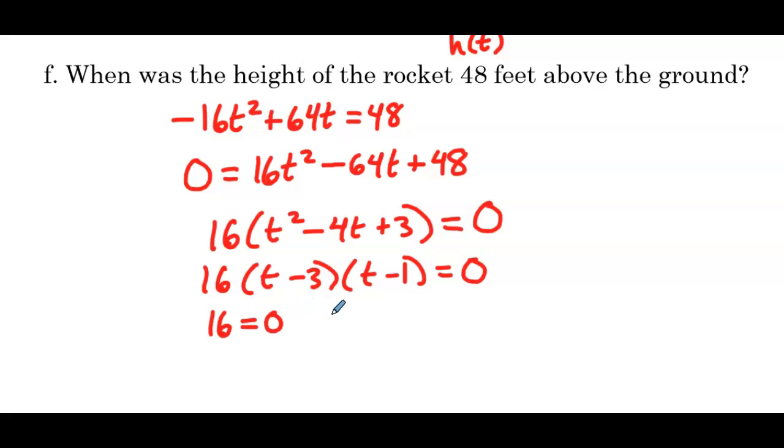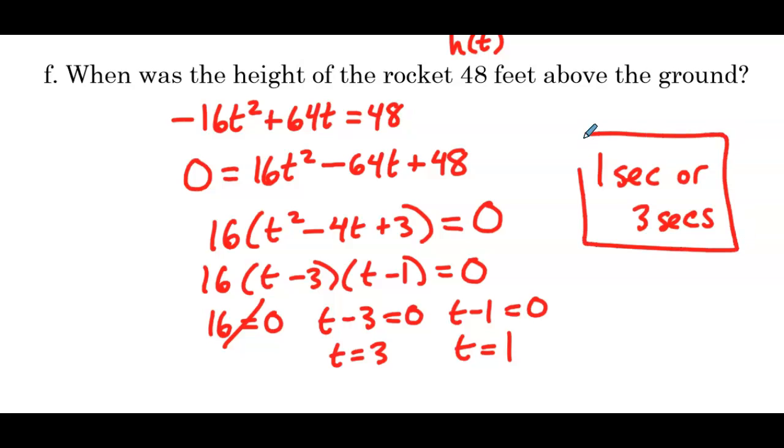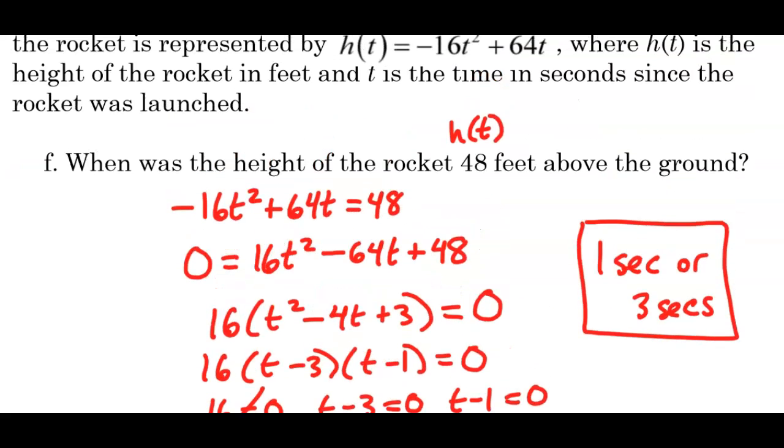So either 16 equals 0, t minus 3 equals 0, or t minus 1 equals 0. 16 doesn't equal 0. t equals 3, or t equals 1. So 1 second or 3 seconds. Both of those are the times where the rocket would be 48 feet above the ground.